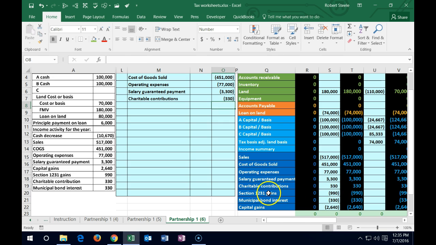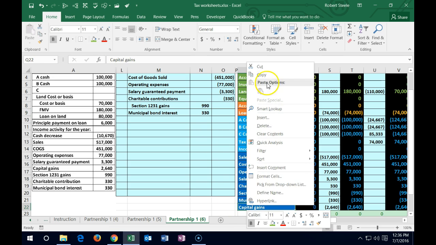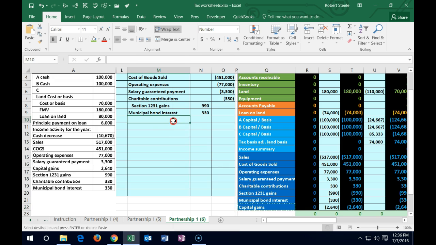It's a credit. It's a gain. So we're going to do the opposite thing to it. We're going to debit it to make it go down to 0. 990. Municipal bonds. It's a gain. We're going to do the opposite thing to it to make it go down. 330. So we're going to debit it. And capital gains, same thing. It's a credit. We're going to do the opposite thing. Debiting it, making it go down.